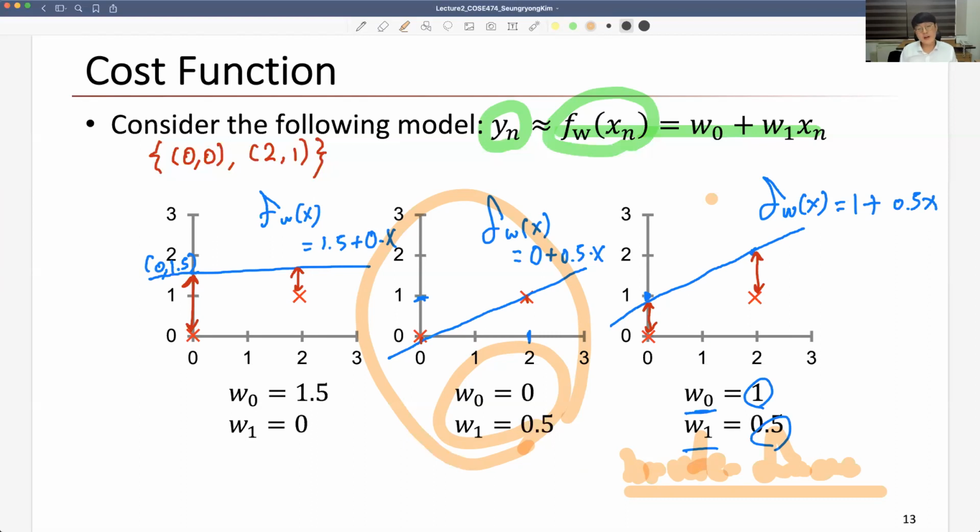So it is not possible to search every possible combination. It is impossible to find the optimal parameter W using this kind of technique. So we need a more clever way to solve this problem. We will discuss this later, but here is the intuition of the cost function.